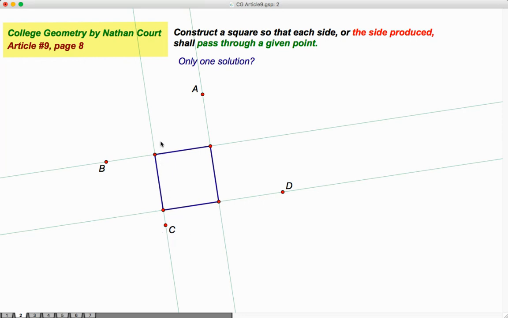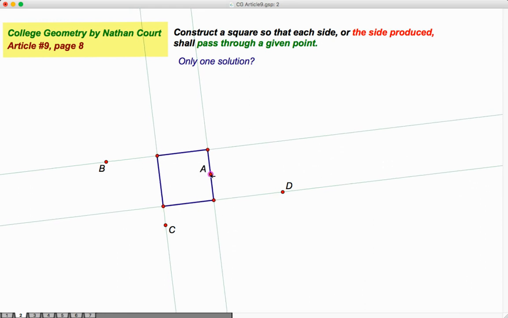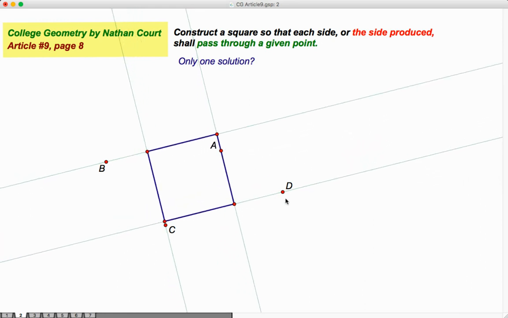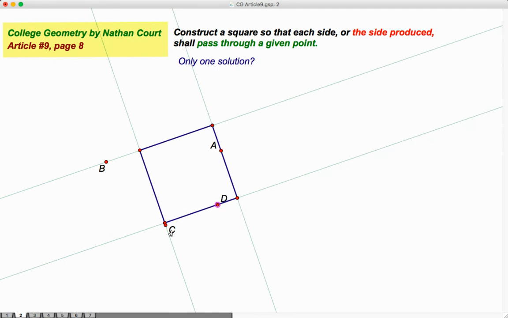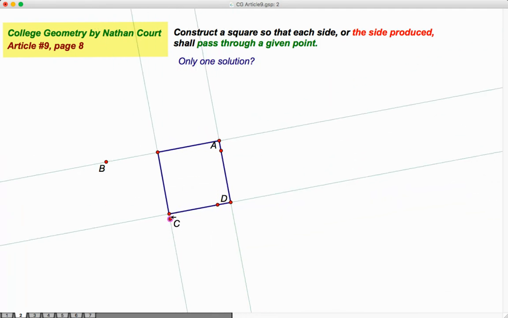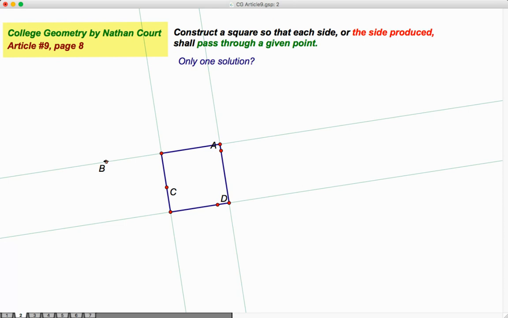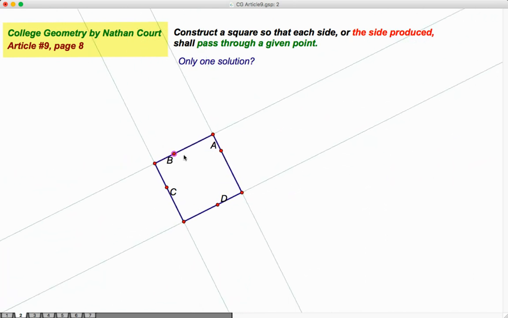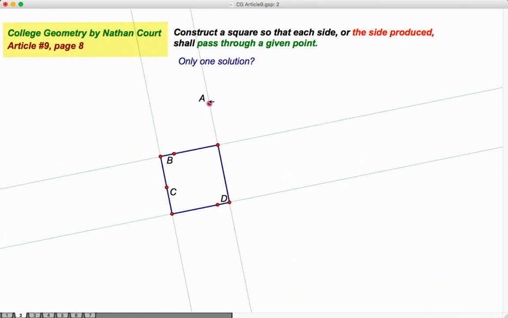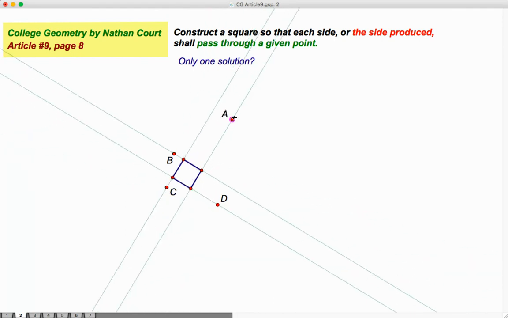This side contains C, this particular side contains point D, this side contains A, and this contains B. Or D can be here, C can be outside or inside, and B is located here.